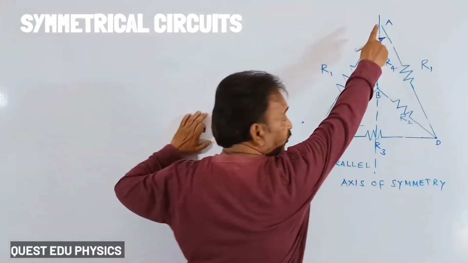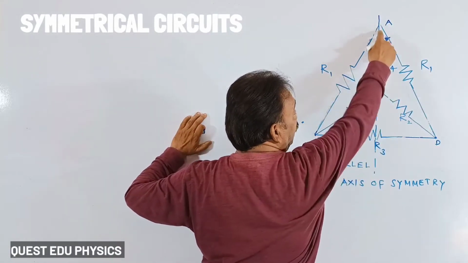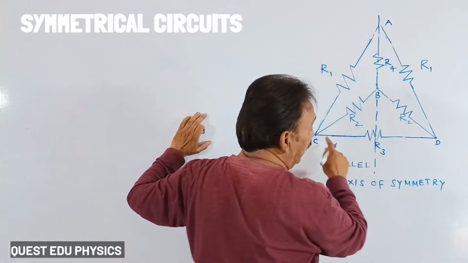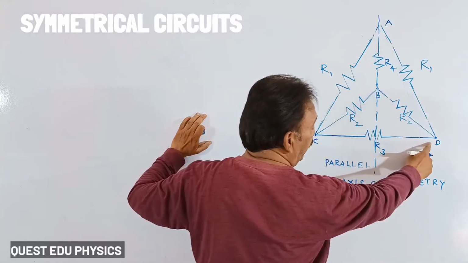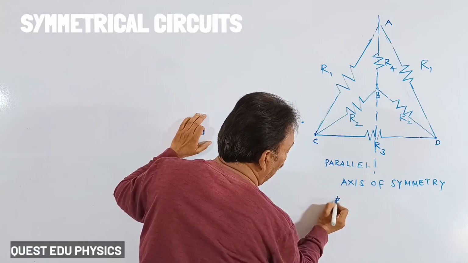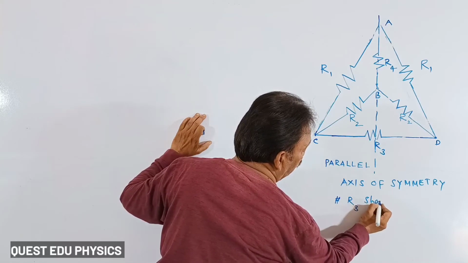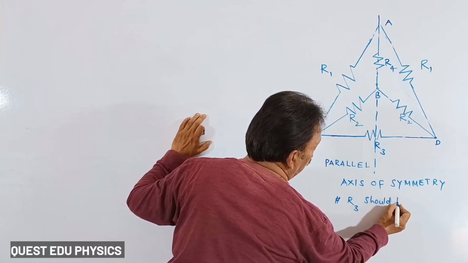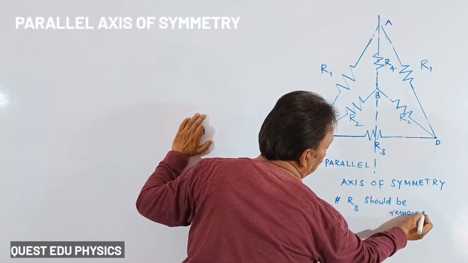When the axis of symmetry is parallel to the resistance we have to find between the 2 points, then the resistor which is perpendicular to the parallel axis of symmetry should be removed. Means what? R3 should be removed.